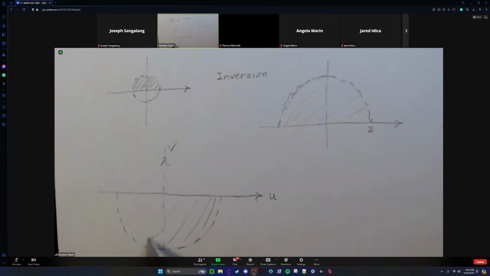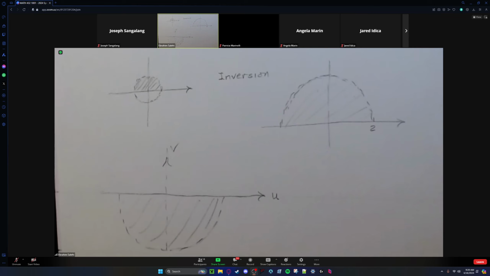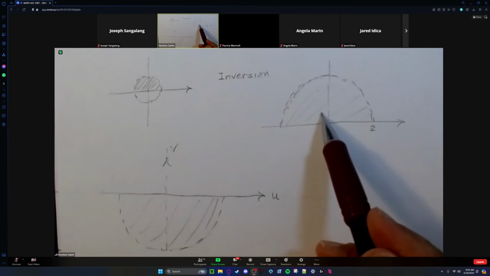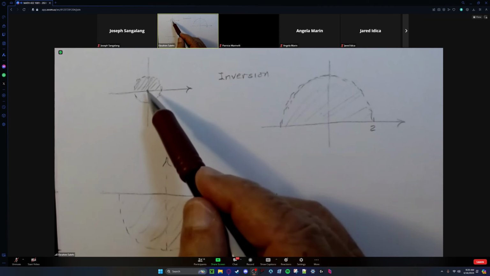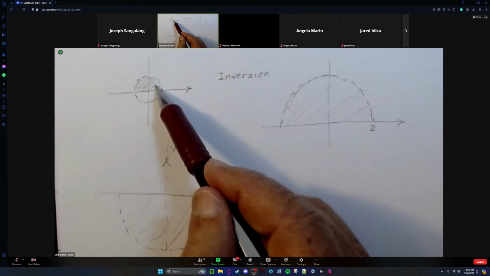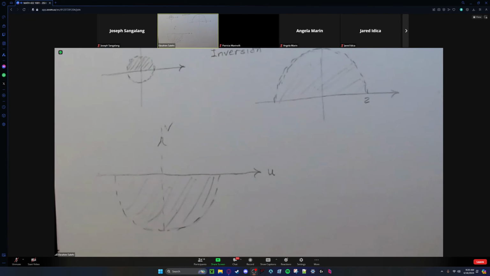This is it. Inversion brings it here. Conjugation brings it here. So the image of this under 1 over z is this one. Okay?